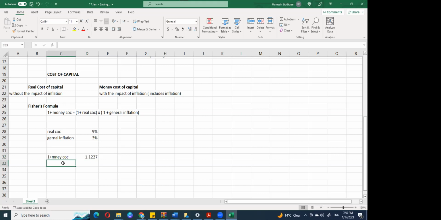So money cost of capital is equal to this minus 1. Hence we can do it in the percentage. 12.3%.